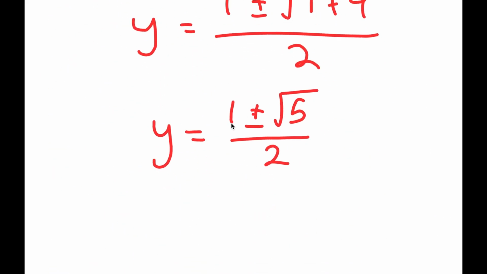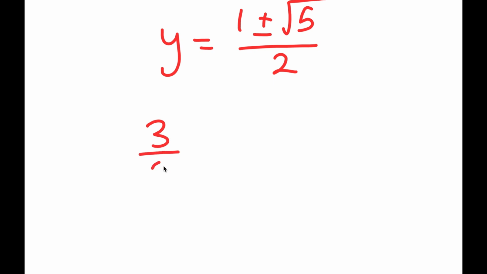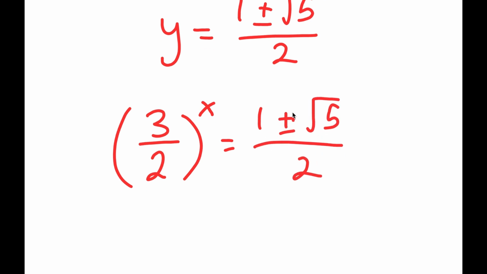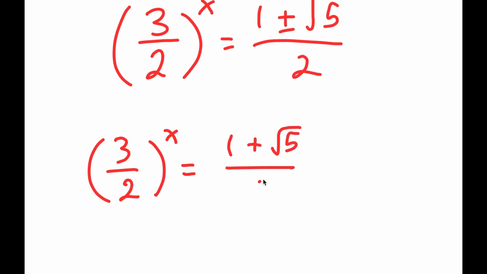So if y is also equal to 1 plus or minus the square root of 5 over 2, then this means that 3 over 2 to the power of x is equal to 1 plus or minus the square root of 5 over 2. So this gives me two equations. I get 3 over 2 to the power of x is equal to 1 plus the square root of 5 over 2.